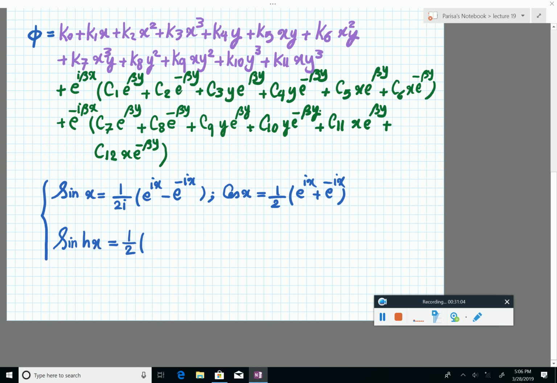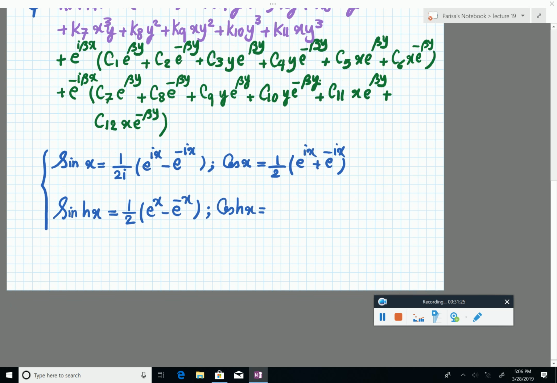So in the book, you will see that the solution has these terms, but some of the terms are missing. So be careful about that. But I'm not going to write it.